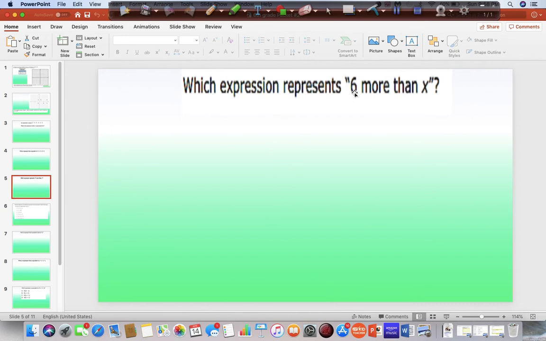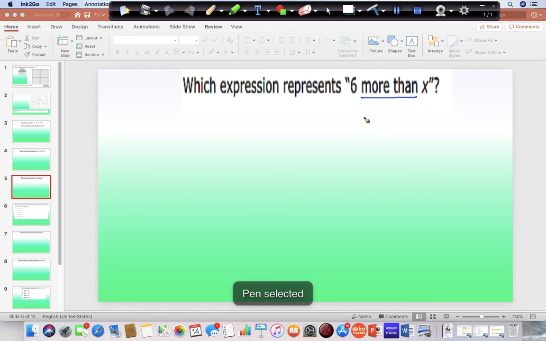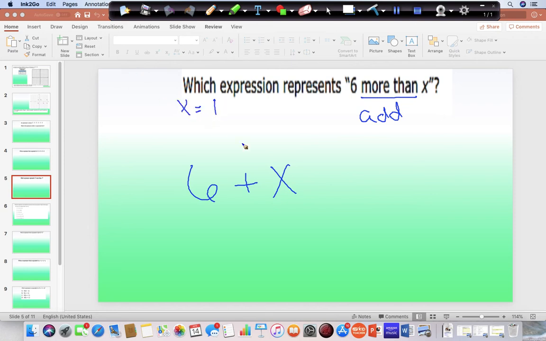Which expression represents 6 more than x? Remember, the words more than mean to add. So 6 more than x. This is as far as we can take this problem. It did not tell us what x was equal to. If the problem said x is equal to 1, you could add 6 plus 1 and figure out that it was 7.